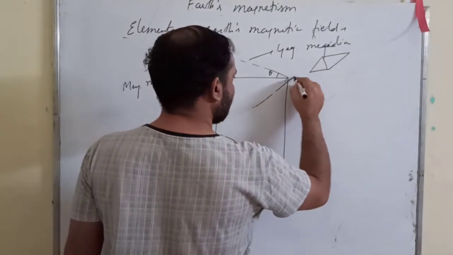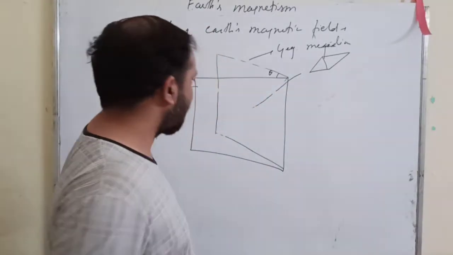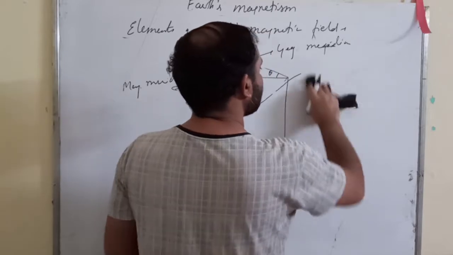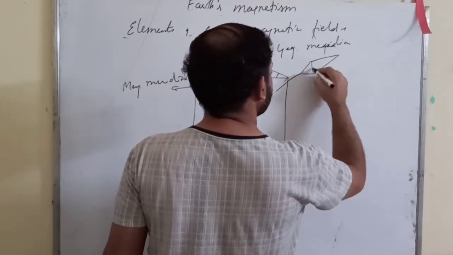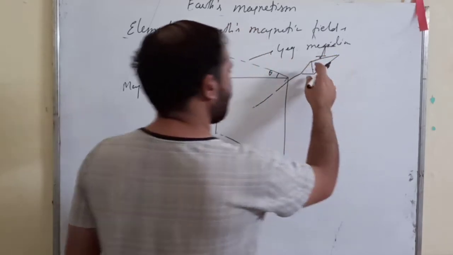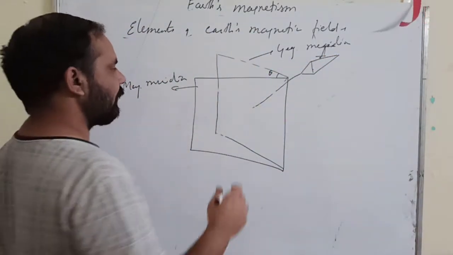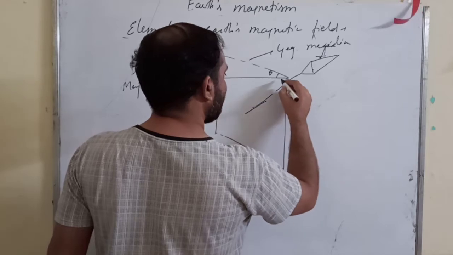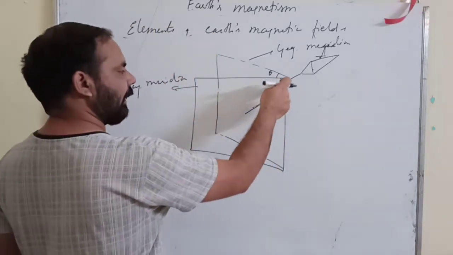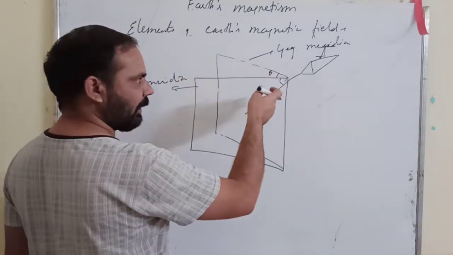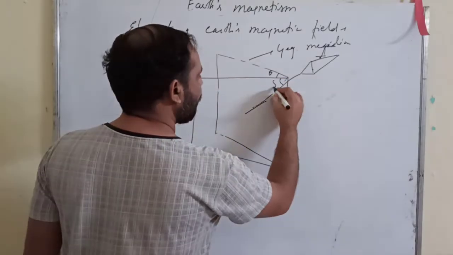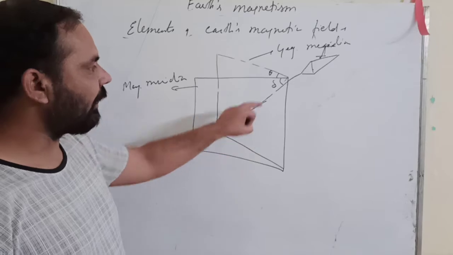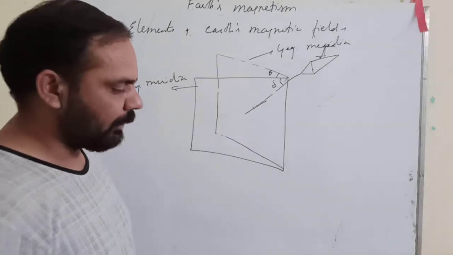So this angle, suppose this is the bar magnet. The angle made by the axis of the bar magnet with the horizontal direction is your delta. This is your angle of dip, right?